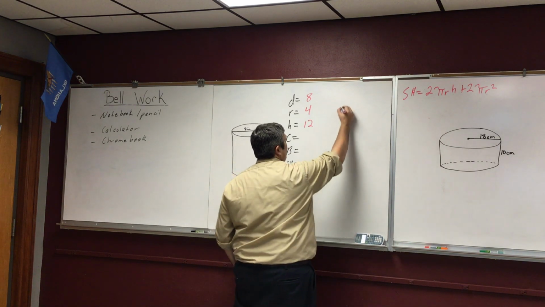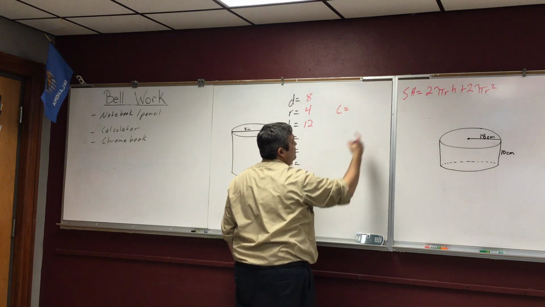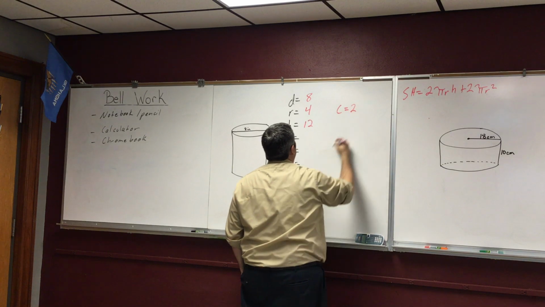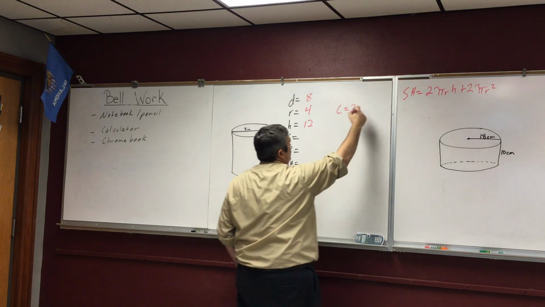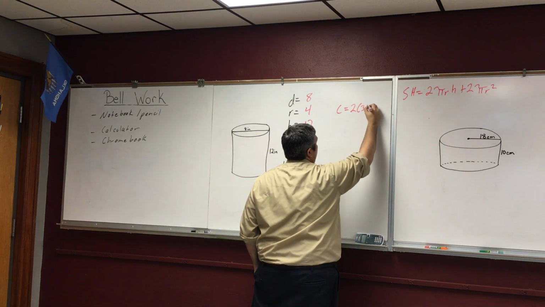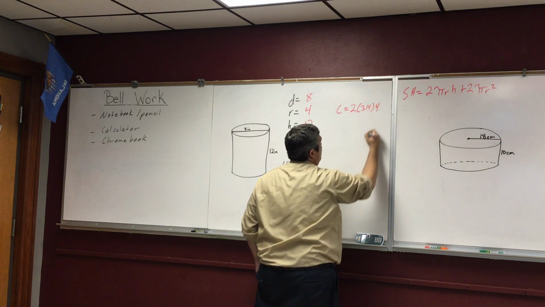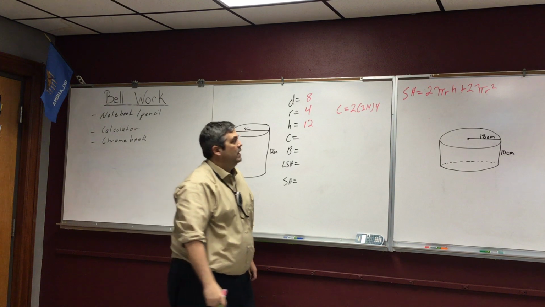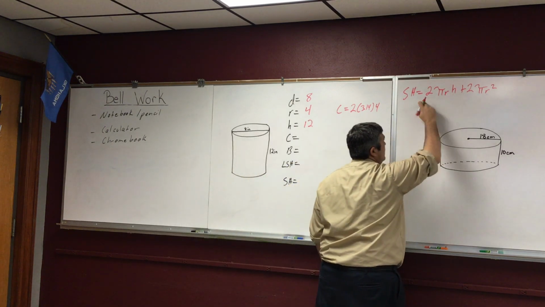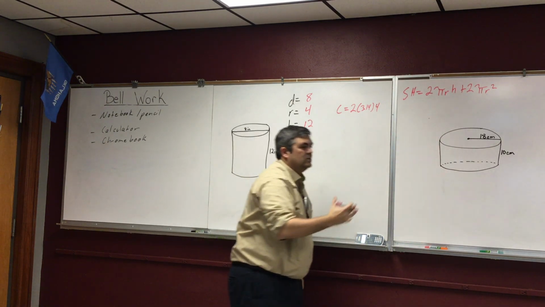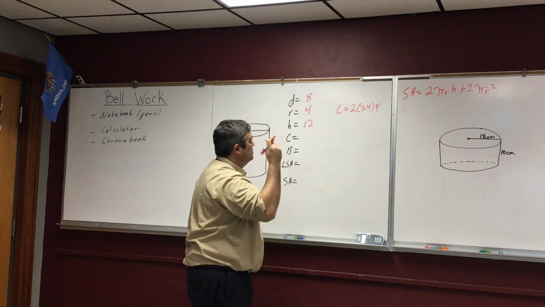So circumference equals 2 times 3.14 times the radius, 4. That's circumference. I said 2 pi r h, that's LSA. 2 pi r, that's your circumference. Make sure you say it correctly.